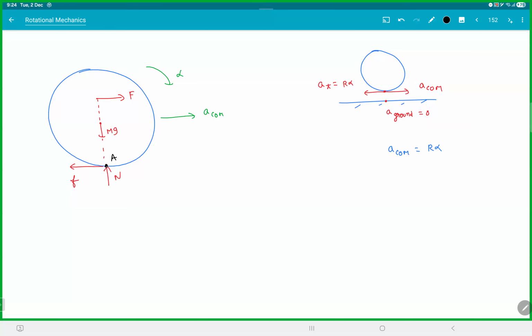You will get the answer in one step actually. So if you take torque about point A, now why about point A? Since it is not slipping on the floor, acceleration of A is equal to acceleration of the ground, tangentially.